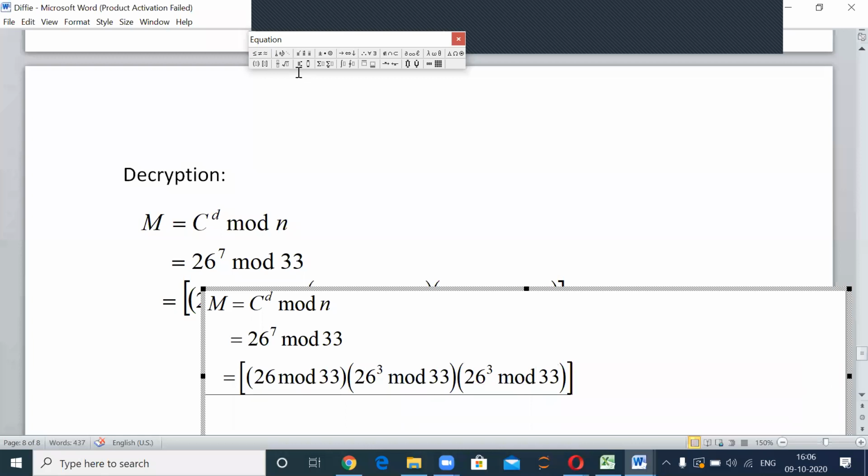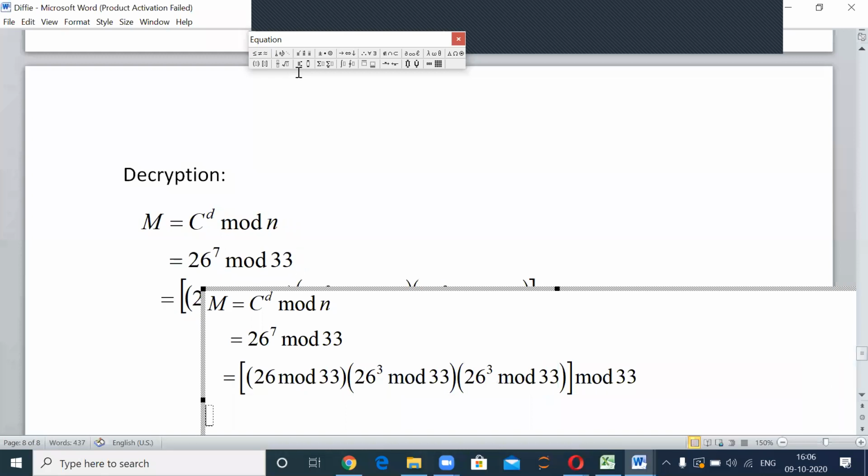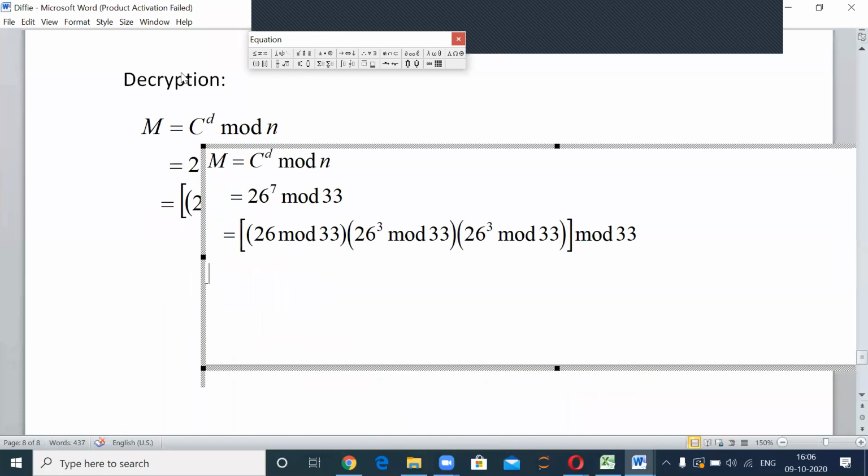After that, we perform the result mod 33. You know what is 26 mod 33?